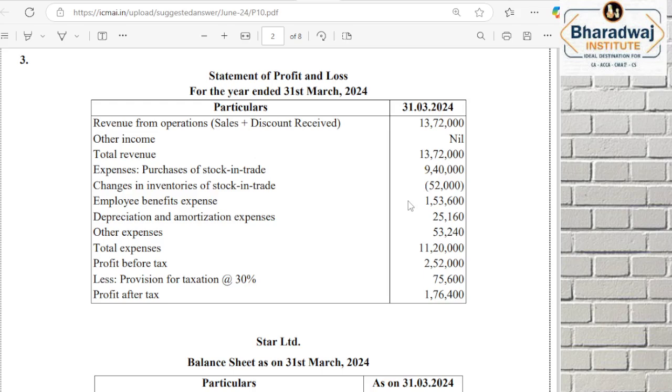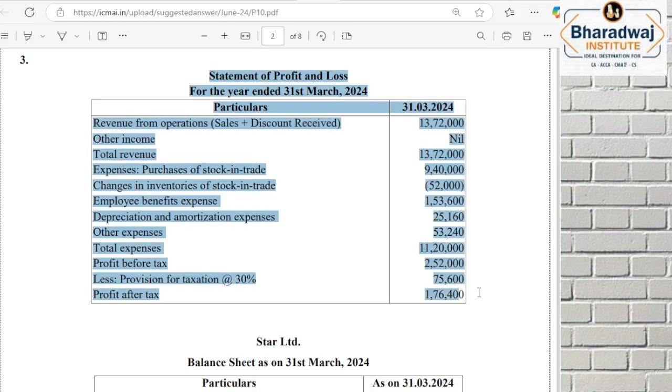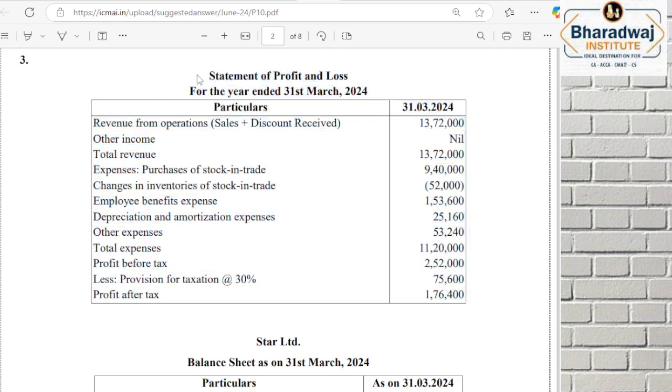This is for June 2024 suggested answers. Pause and try this if required.